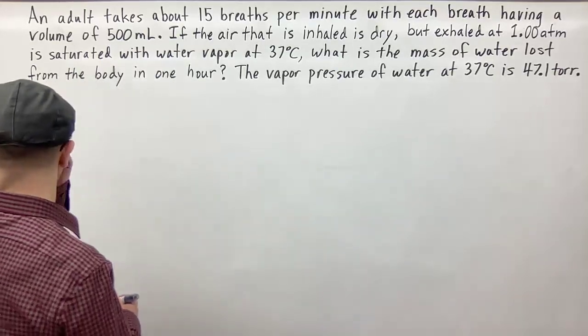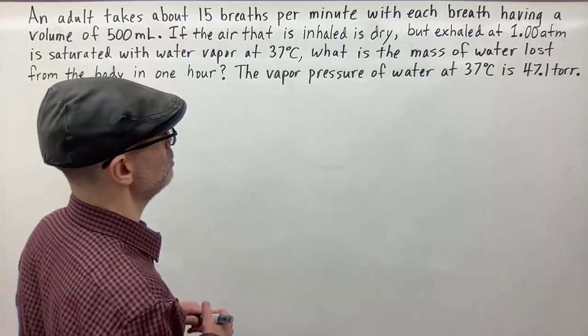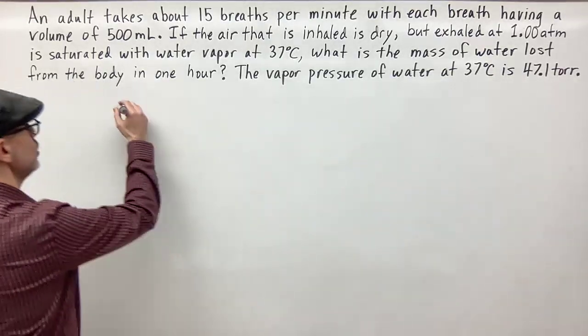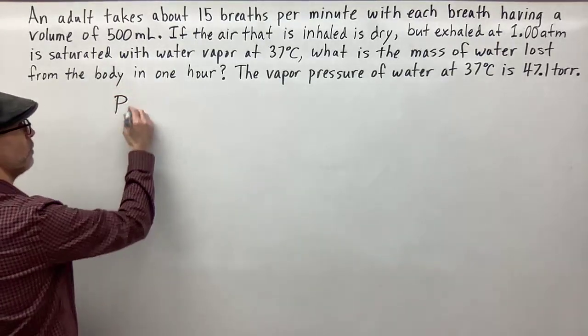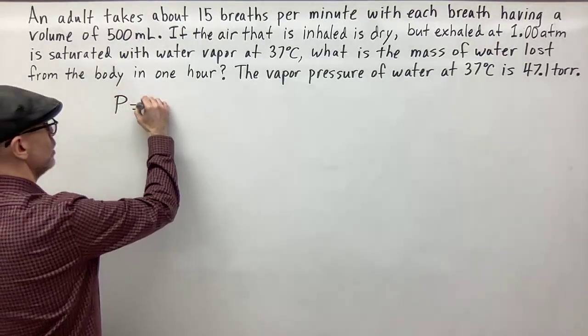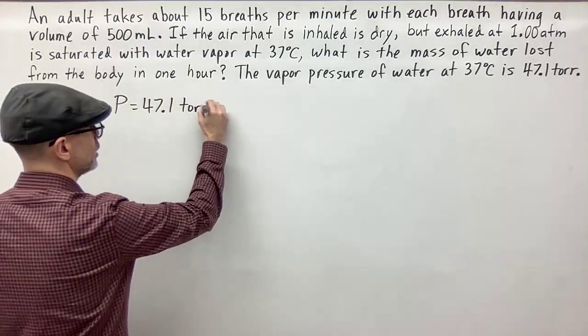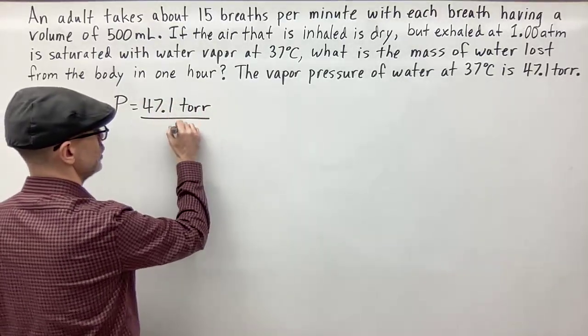We're given a pressure of 47.1 torr. We're going to need to convert that to atmospheres.